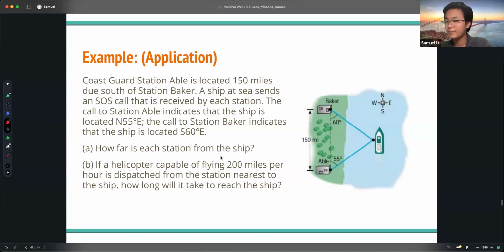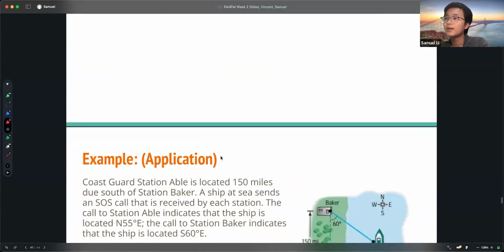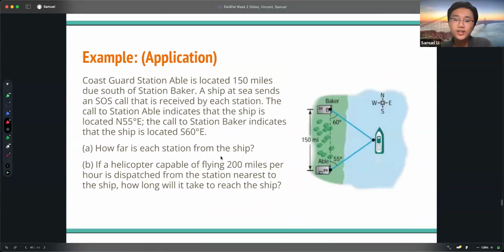Okay, so this next question is an application word problem of law of sines.